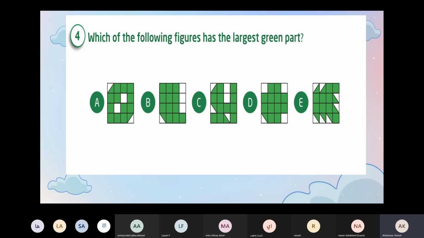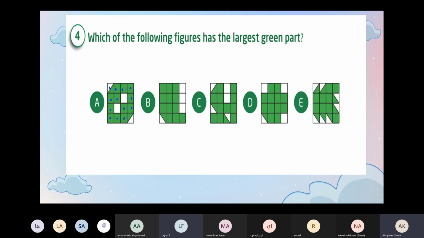Here, the first one, Layan Faisal. How many green parts in letter A? Let me count how many green. 1, 2, 3, 4, 5, 6, 7, 8, 9, 10, 11, 12.